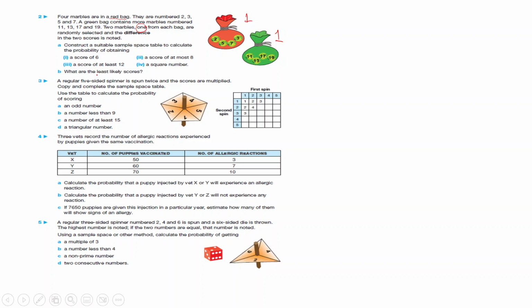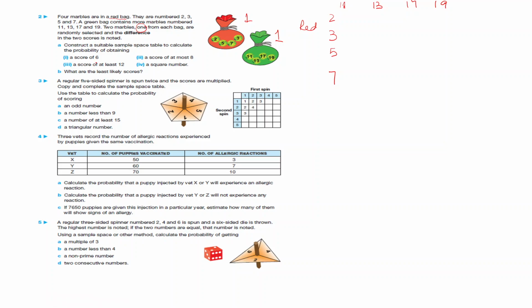In the same way, you make a table: for the red ones you have 2, 3, 5 and 7, and for the green ones 11, 13, 17 and 19.